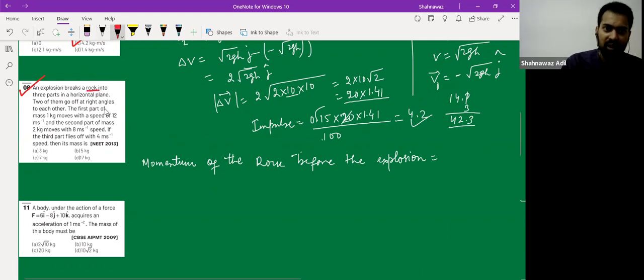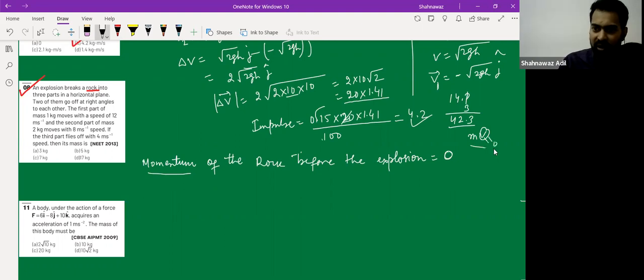Iram, did the rock have any velocity before the explosion? No, sir. So the momentum would be 0, because mv, velocity is 0, means your momentum is 0, right? So the initial momentum is 0.